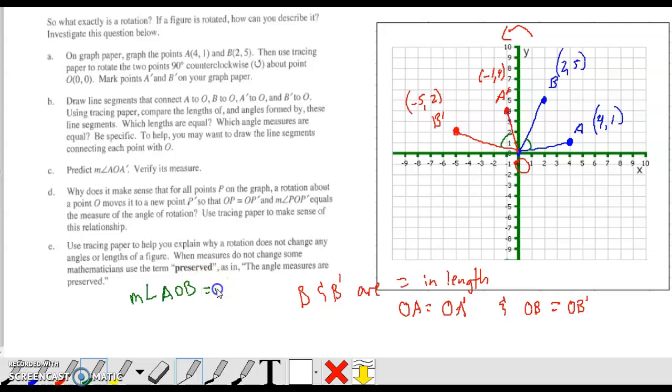What this is saying is that this angle and this angle are equal to each other. If this was, say, 20 degrees, this is also 20 degrees. Just FYI, this M right here stands for the word measure, when we talk about the measurement of something.